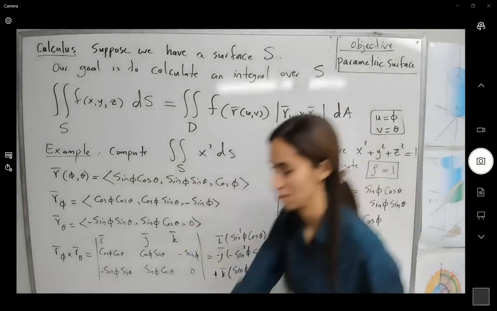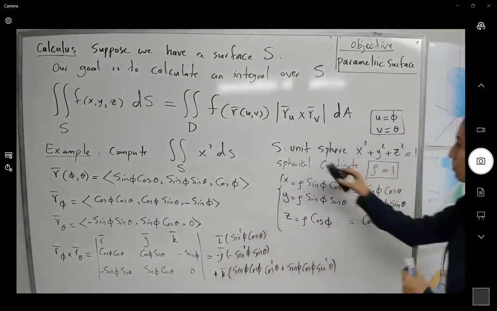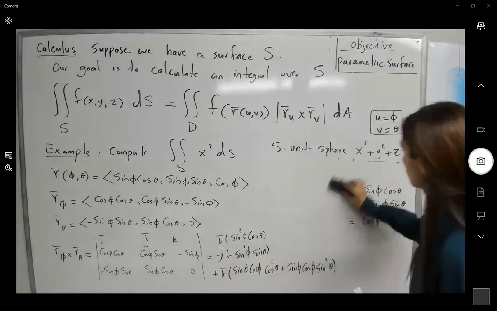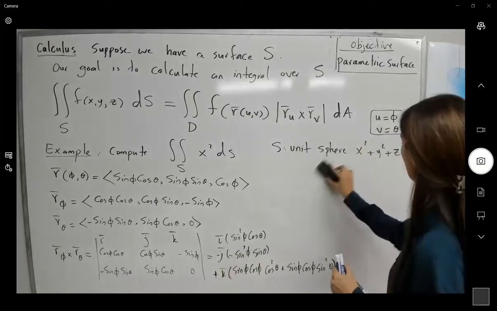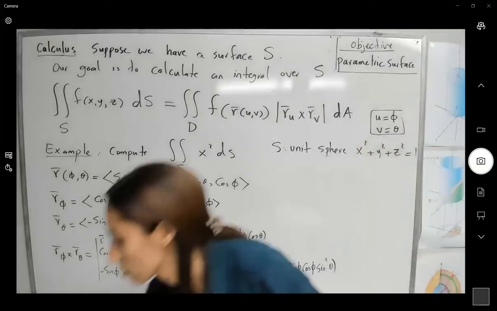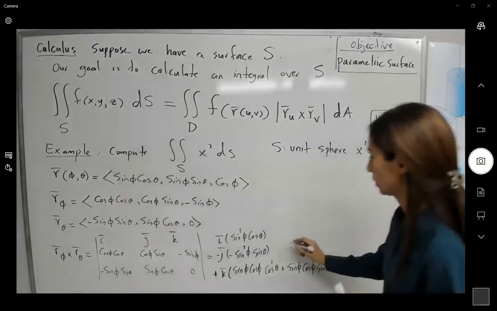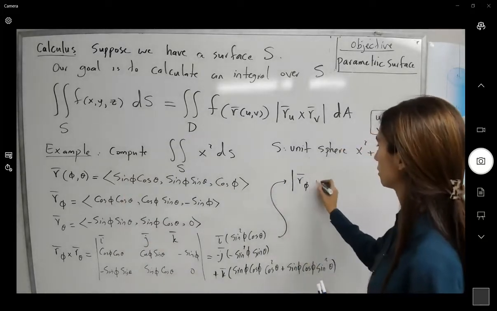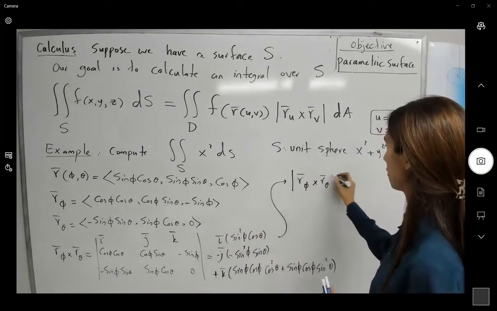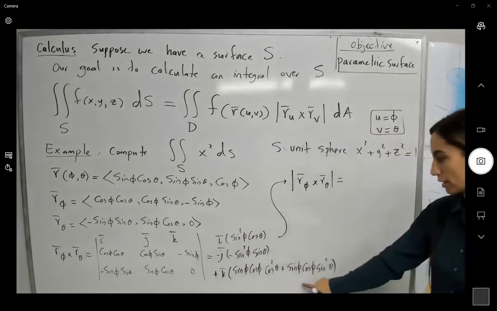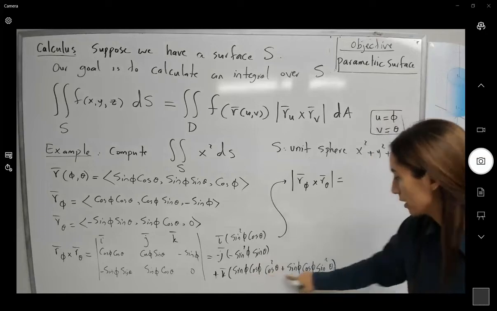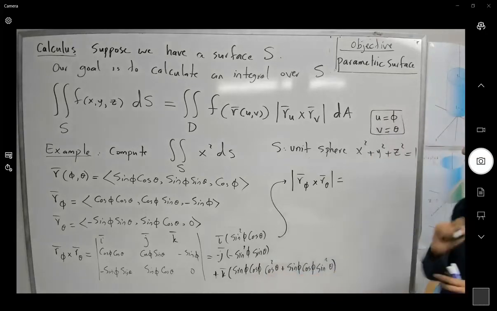So let me erase this part of the board. So here we have the norm of r_phi cross r_theta. So note that here, if you factor out sine phi cosine phi, this becomes 1.